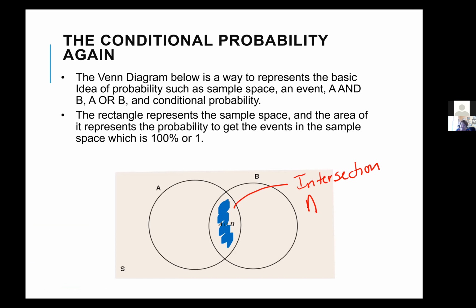The English word we use for where those two sets overlap is "and." So it's the elements that A and B have in common. We use an upside down U to represent that space, so A upside down U B and "A and B" mean exactly the same thing. It's the two events occurring at the same time.